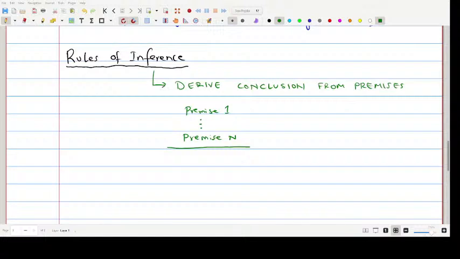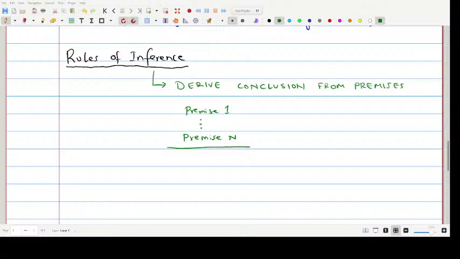This conjunction is a commutative operation, so it doesn't matter whether we take premise 1 in the beginning and premise 5 at the last, or premise 8 just after premise 1. The order doesn't matter.